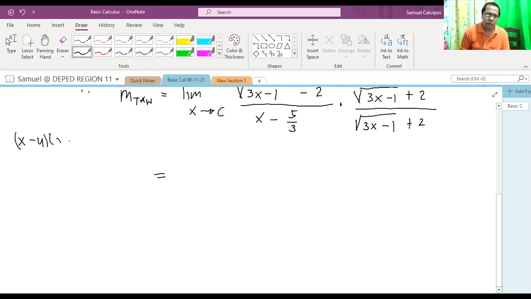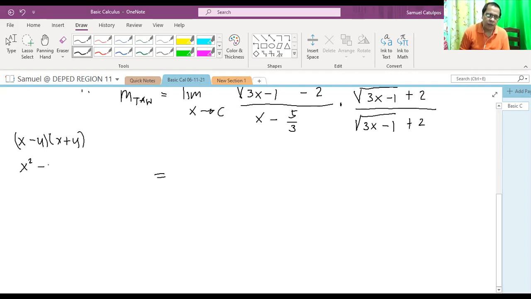Times x plus y. Illustrate lang ako. So mura ni siya kani si 3x minus 1 nimo, square root of 3x minus 1 mo ni siya si x, na kani si 2 mo ni siya si y. Pareha man na siya dire. This is just the same as, ang result anan niya is difference of square. Difference of square.